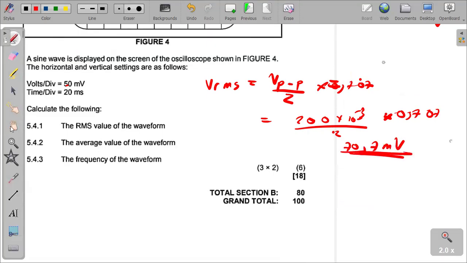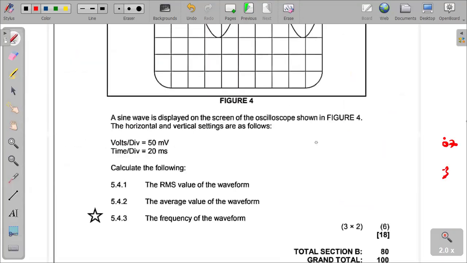Next is the average value of the waveform. So for the average value of the waveform, again, V average is equal to V peak to peak, the peak to peak voltage over 2, multiplied by 0.637.